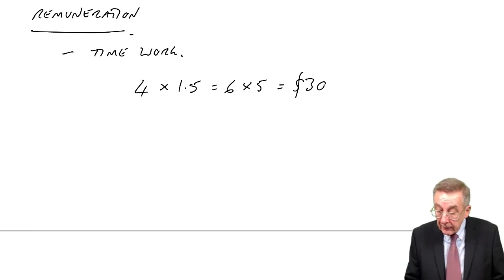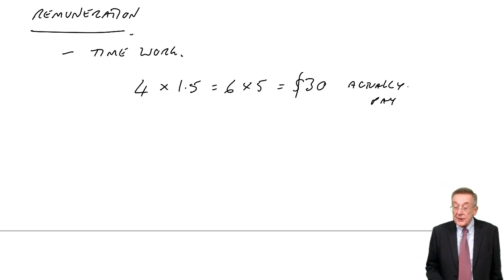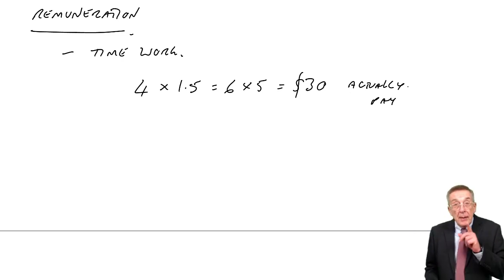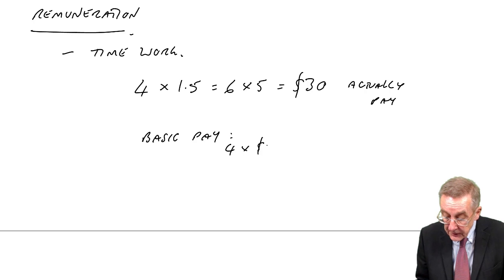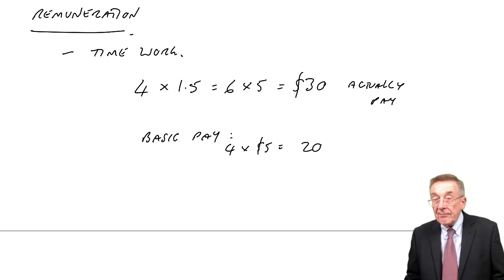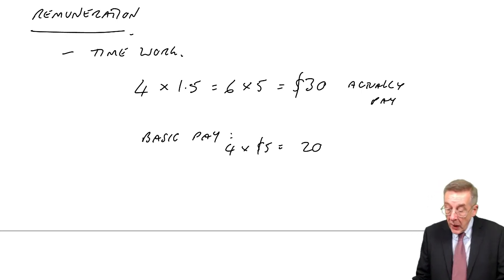Now, one thing to be careful of, that's what they'll actually be paid, the $30. However, their basic pay, if it wasn't overtime, would have been 4 hours at $5, would have been 20. So the basic pay would have been 20. We're paying them 30 because it's overtime.